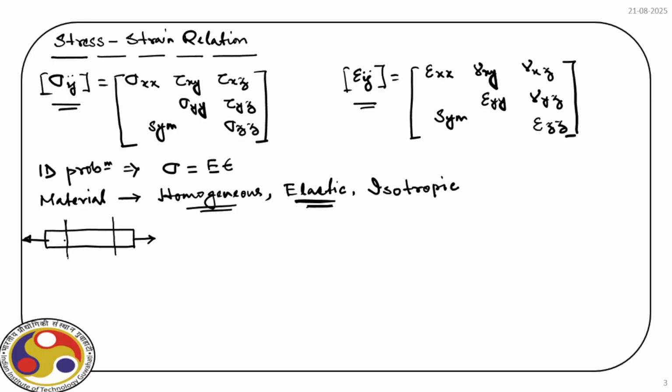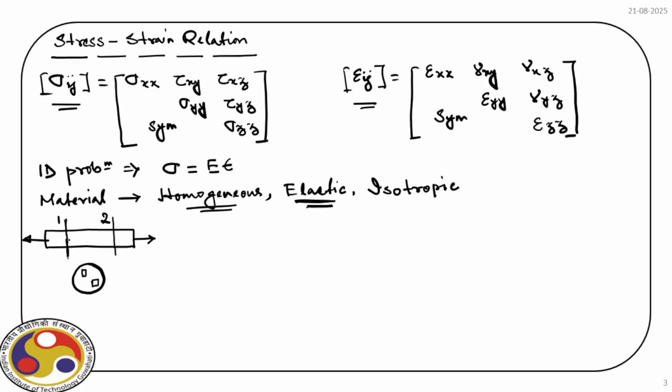Now, material composition, say at section 1 and section 2, they are all same, right? Not only that, if I draw the cross section which may be of this shape, it's a circle for the time being, let us assume. So if we consider, say, a small element here and a small element there, and the material composition at these 2 points, they are exactly same. If that is the case, we call it a homogeneous material.